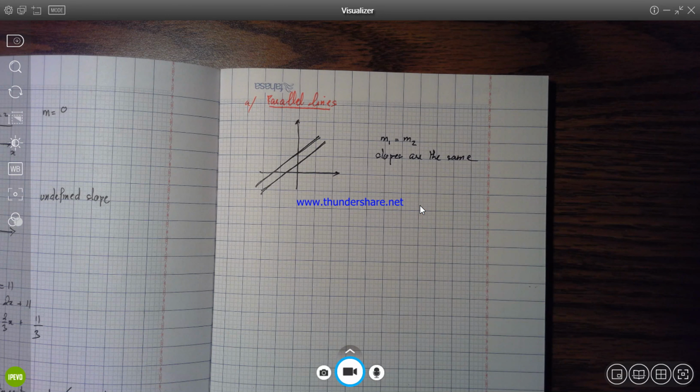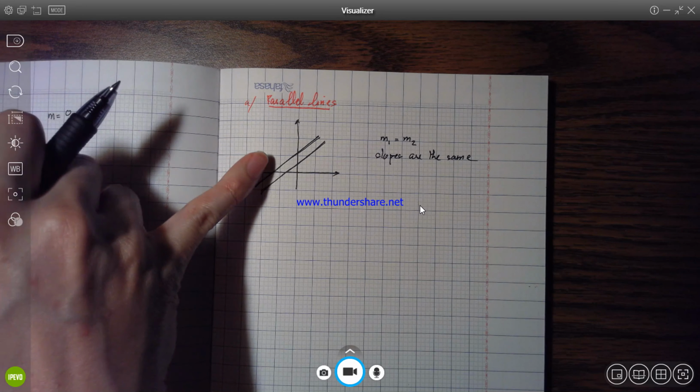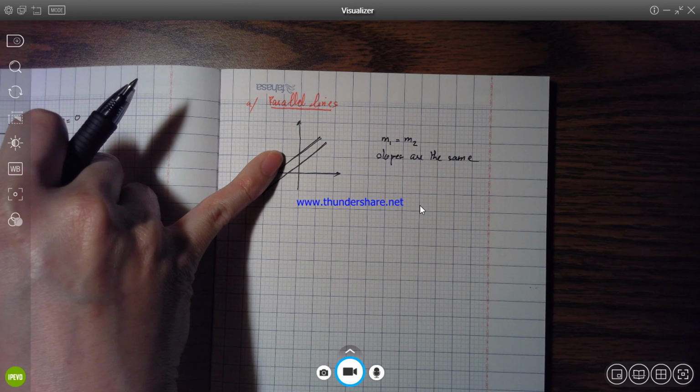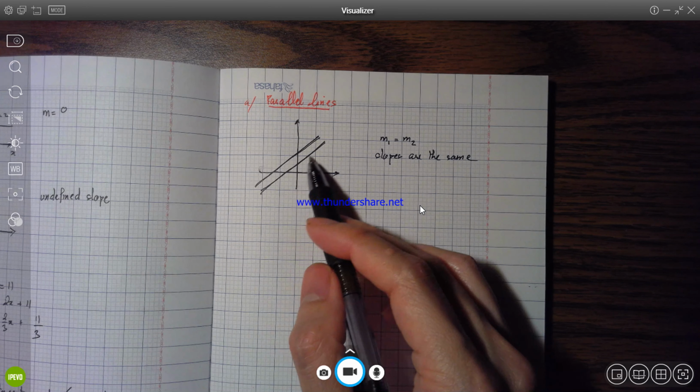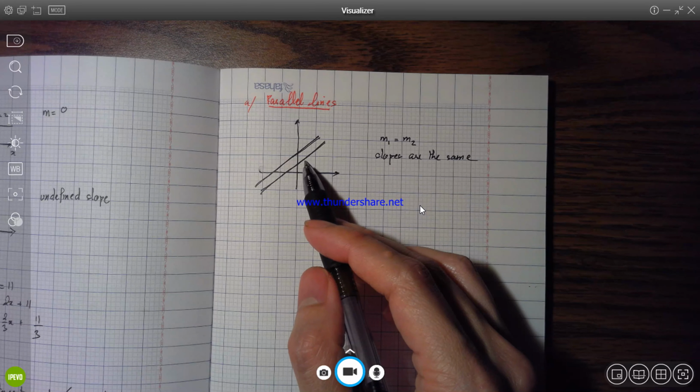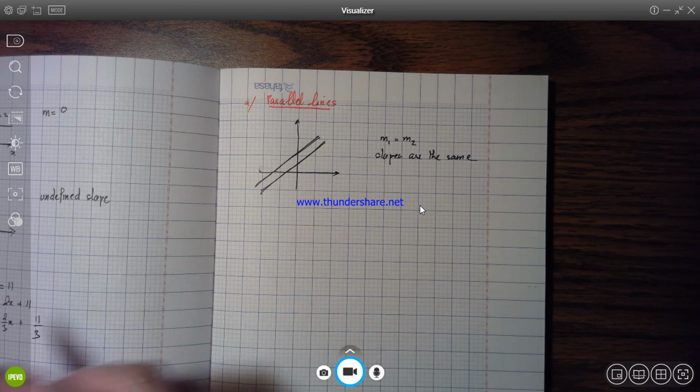It means if I know the slope of the first line and I know it's parallel to another line, then I will know the slope of the second line. If I know the slope of the second line, then I will know the slope of the first line. Basically, they're the same.